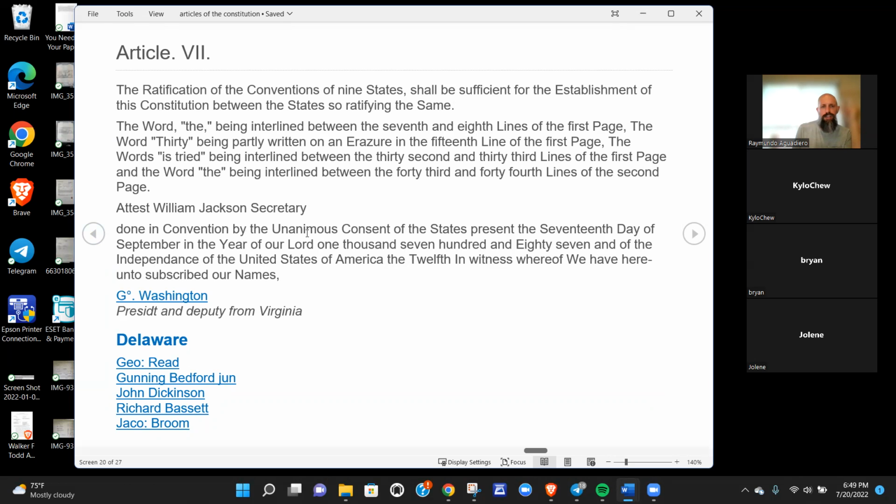So done in convention by the unanimous consent of the states present this 17th day of September in the year of our Lord 1787, and of the independence of the United States of America the 12th, in witness whereof we have hereunto subscribed our names. So here are the people from each state that put their name to this Constitution.